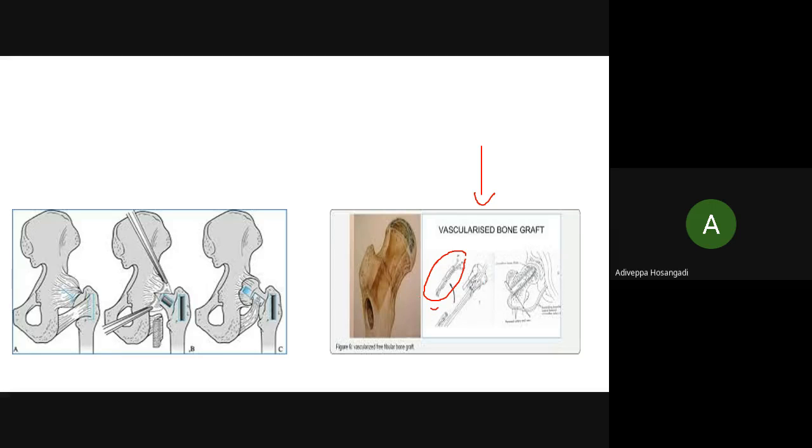You harvest a fibula with the blood supply, and you have to anastomose it with the circumflex femoral artery. You take the fibula from the same side with the blood vessels, cut the artery and vein, and anastomose them with the lateral circumflex femoral vessels.